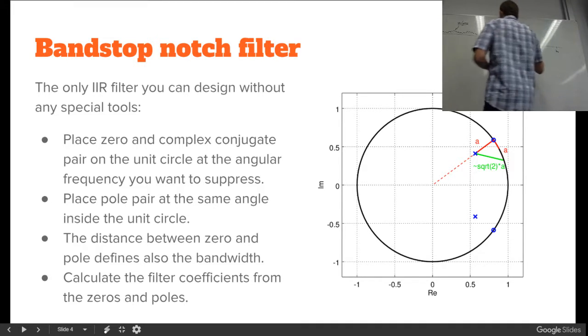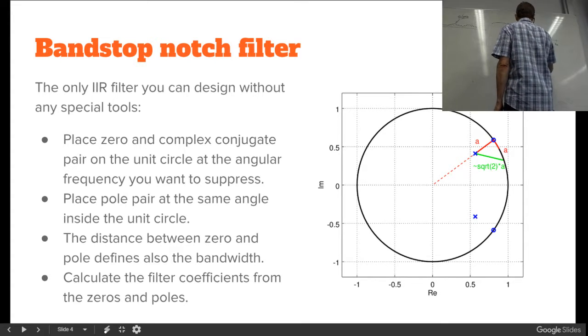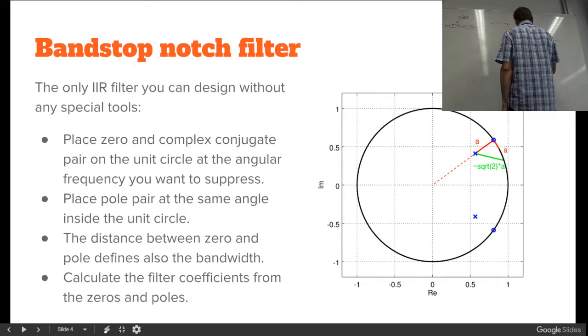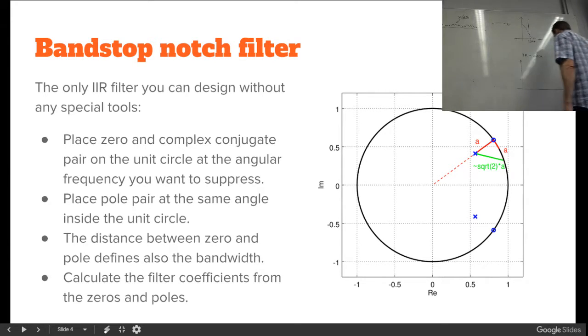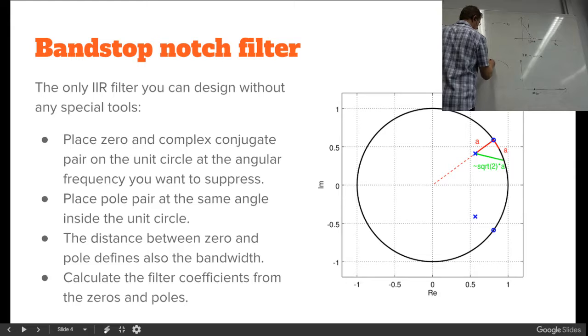Another way of designing it is that we will design an IIR notch filter so that we have a notch exactly at that 100 hertz. Think of that one on the zero pole plot.